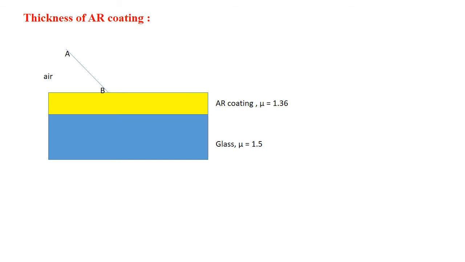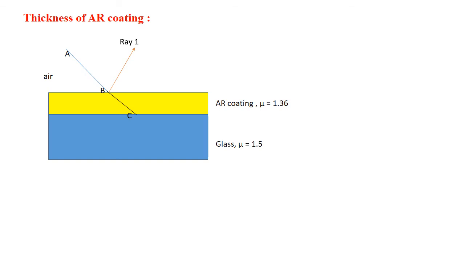Now let us consider that ray AB is made incident on the top surface of the coating. At point B, there is a change in media from air to the coating. So part of the light will get reflected as ray 1, part of the light will get refracted as BC.